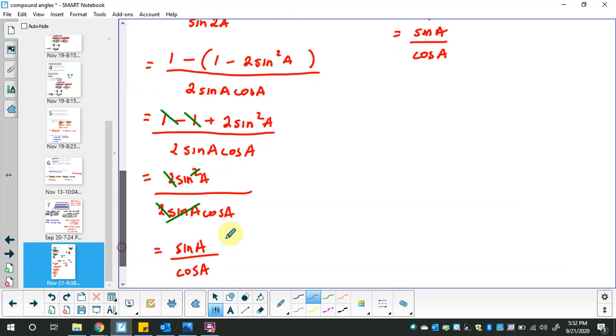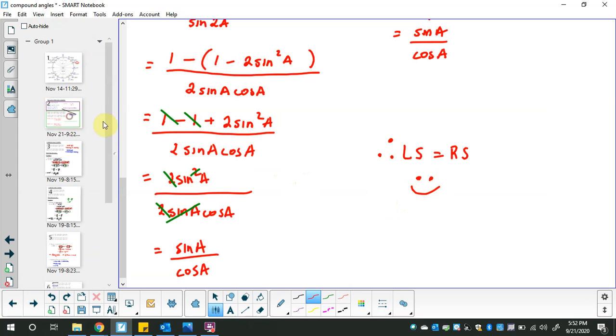And it is not a coincidence that your left side and your right side look the same, because that's always going to happen as long as you do real math. So that is a combination of compound angle identities and double angle identities.